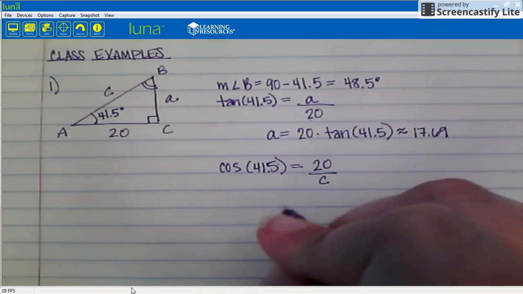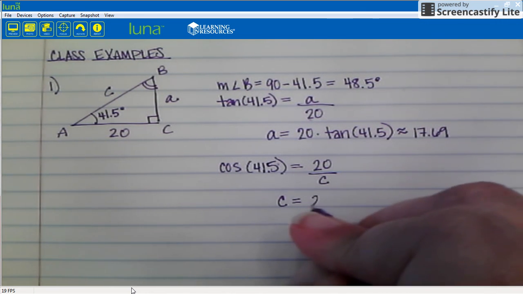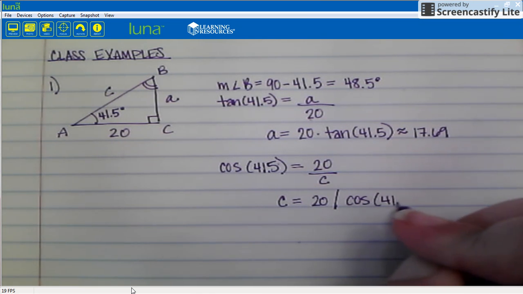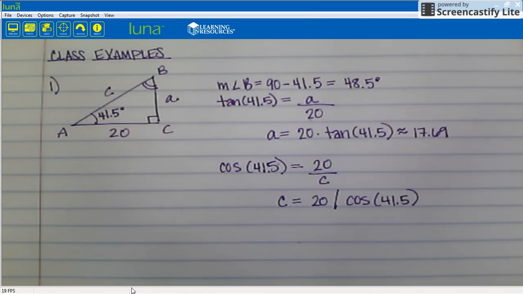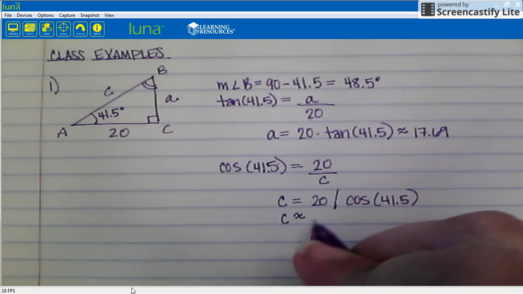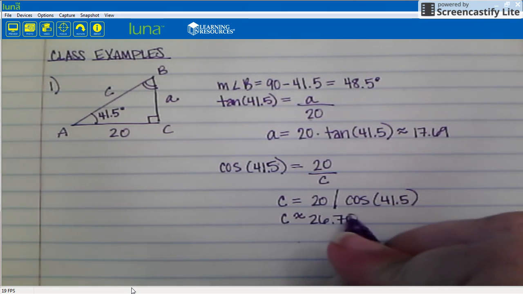So that means my c is going to be equal to 20 divided by the cosine of 41.5. So I have 20 divided by the cosine of 41.5, and this is going to give me c is approximately equal to 26.70.